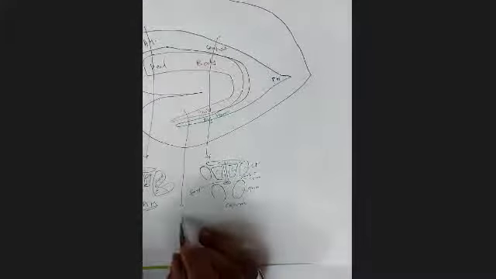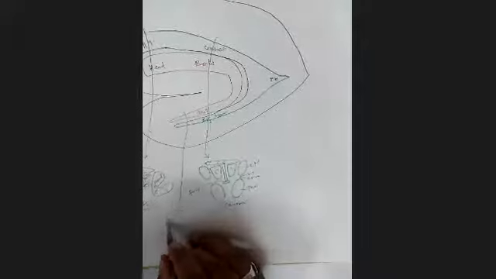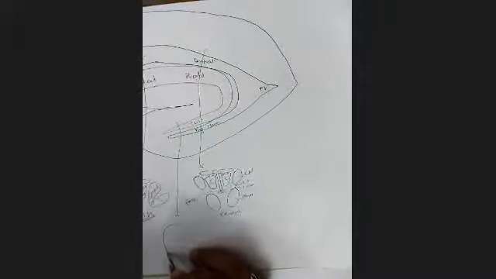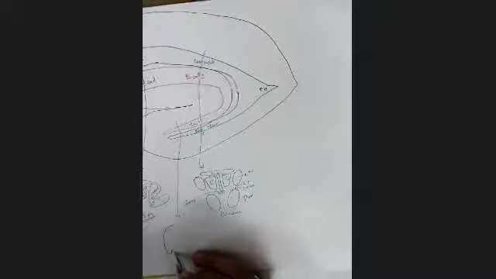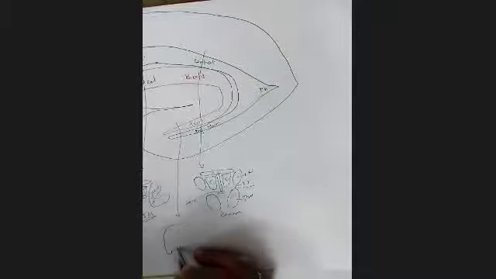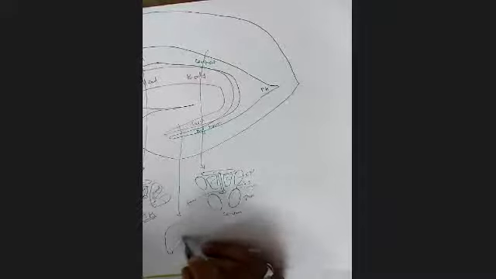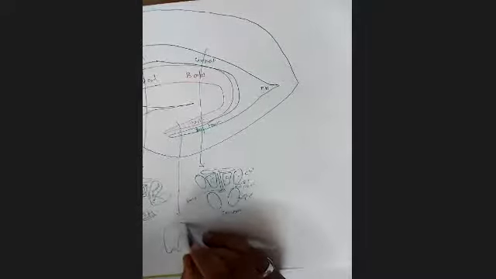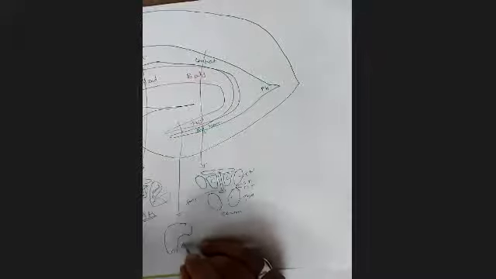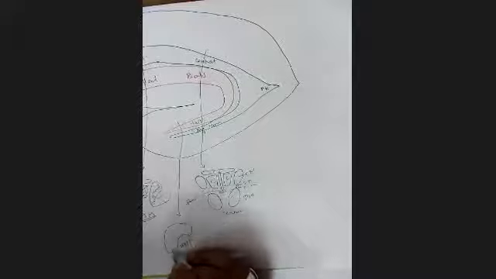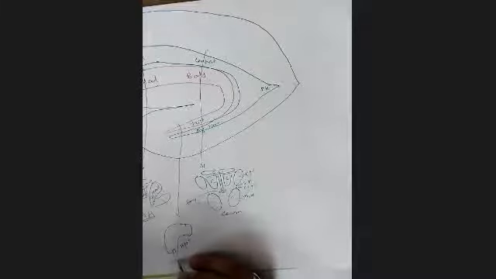Now, if I take a section in the inferior horn, the section appears like this. So here will be hippocampus. This will be the collateral sulcus.